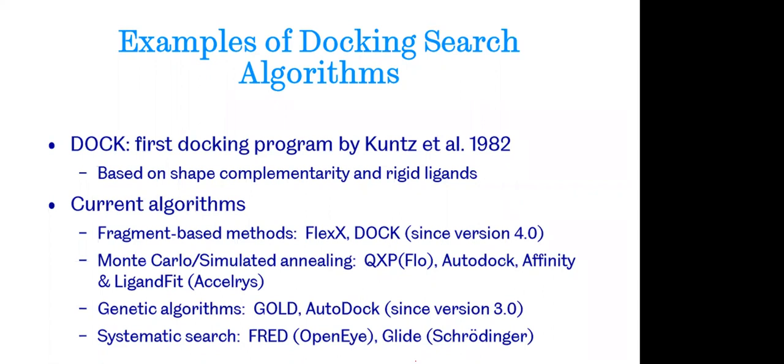Currently we have multiple algorithms, like fragment-based algorithms, Monte Carlo simulated annealing algorithms, genetic algorithms and systematic search algorithms. The fragment-based algorithm is used in docking software like FlexX and DOCK's upgraded versions. The Monte Carlo simulated annealing algorithm is used in the well-known docking software AutoDock, and affinity-based ligand fit docking is used in some other software. The genetic algorithm is used in GOLD and older versions of AutoDock, and systematic search algorithms are used in OpenEye software and Glide.